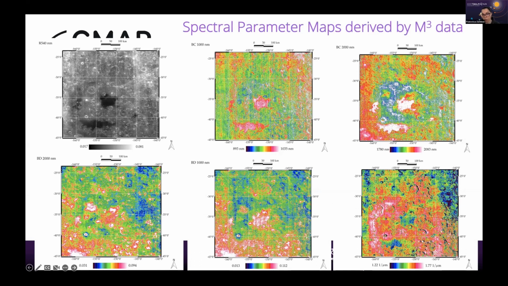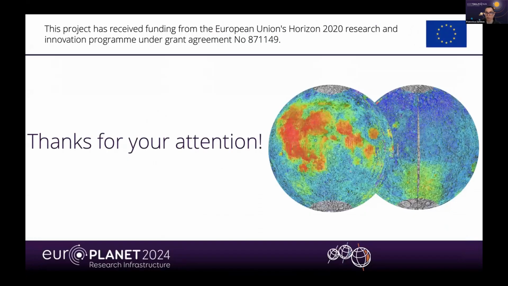And also in the last one, we have the distribution of the spectral slope, which show that the region outside the smooth plains appear redder and then more mature than those of the smooth plains. So this is another way to derive the spectral characteristics of a surface. I finish here, and thanks for your attention.